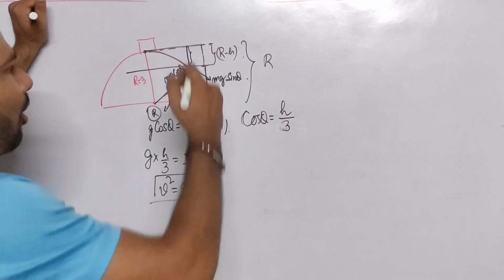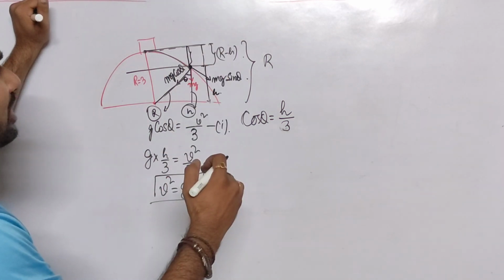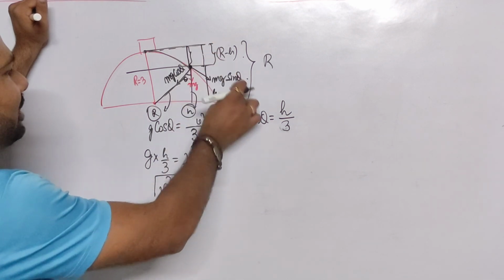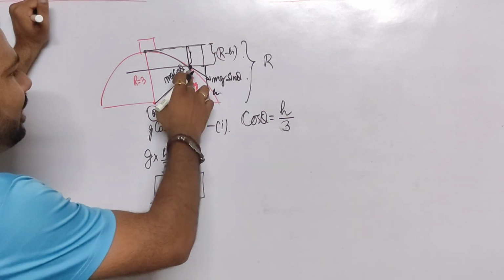So as the body comes down, it loses its potential energy, and the potential energy will convert into kinetic energy from this point.